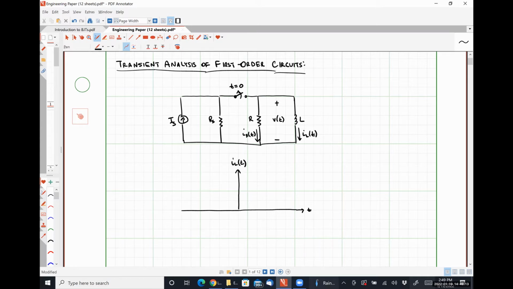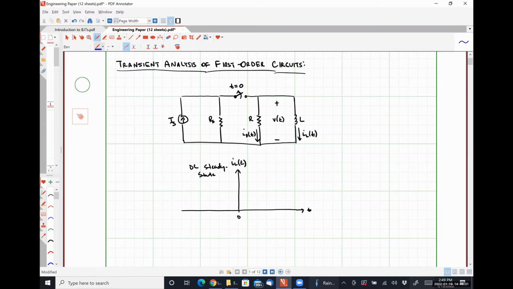So at DC steady state, this time over here to the left of t is equal to 0, we're going to call this DC steady state.